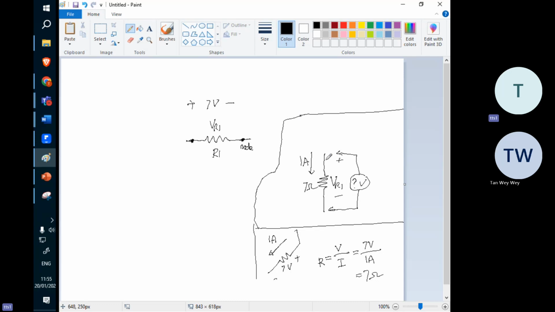You look at these two nodes from here to here. 1 ampere flows through 7 ohm. So we can apply Ohm's law. V equal to I R, 1 ampere times 7 ohm. Am I clear? I think I already made it too clear. Probably you're confused also. Sometimes when we make it too clear to one person, you get very confused. The basic thing is really simple.